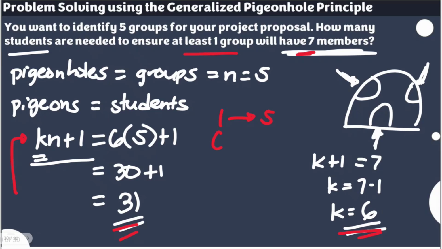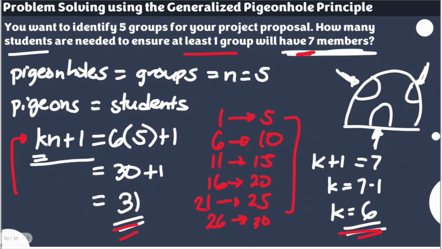The second set of students, 6 to 10, still evenly, gives you 2 members per group, so it's not yet 7. From 11 to 15, that's 3 members per group. 16 to 20, 4 members per group. Again, assuming even distribution, 21 to 25 gives 5 members per group.